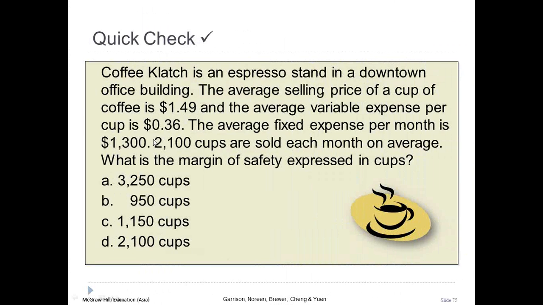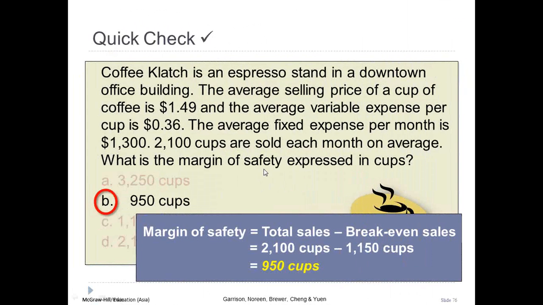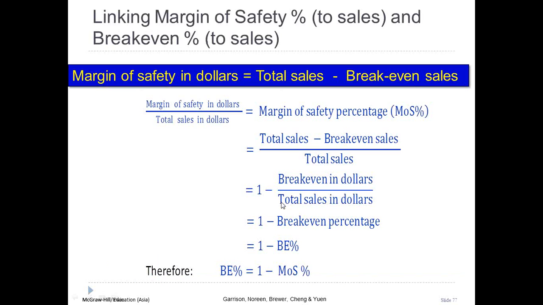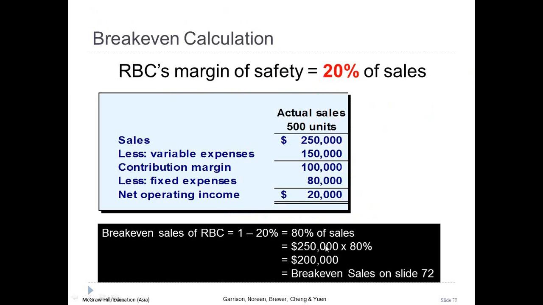Quick check, same units: margin of safety, total sales minus break-even sales. Total sales, 2,100 cups, right there, less 1,150 cups to break even, 950 cups. Another way to look at it, 20% of sales. This now concludes this chapter.